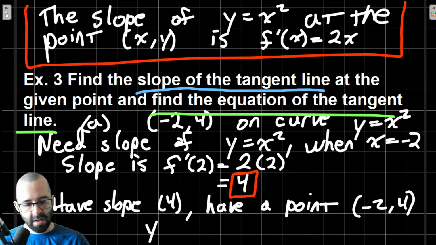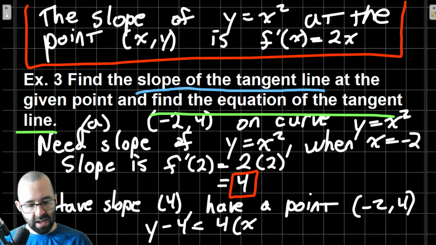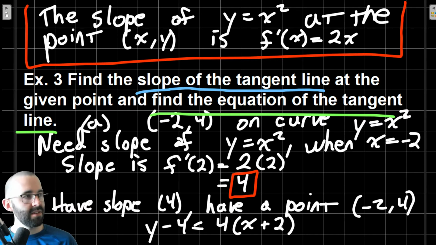That's going to be y minus y1. The y coordinate here is 4. This 4, not the slope 4, is equal to our slope, which we also said was 4, times x minus our x value. Minus a negative 2 is the same as plus a positive 2.